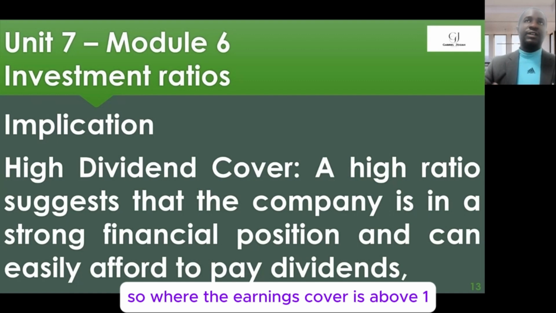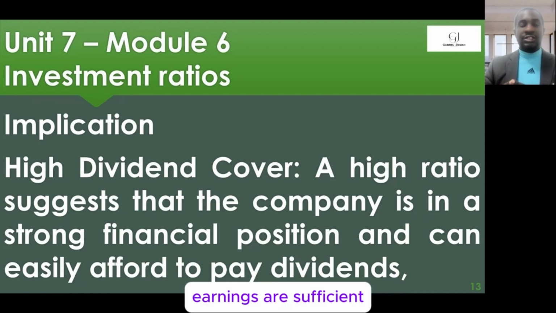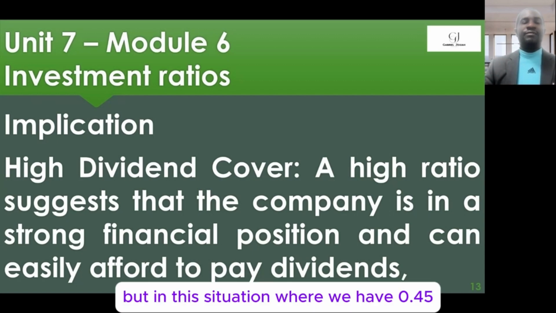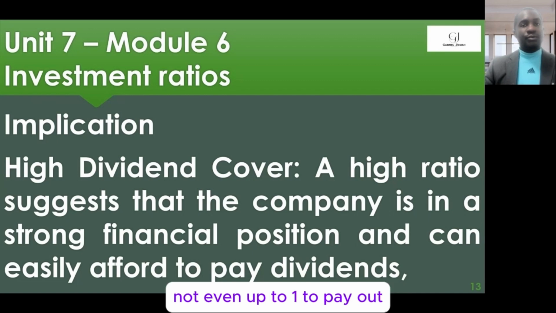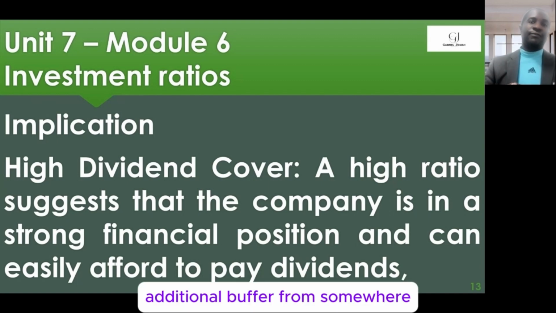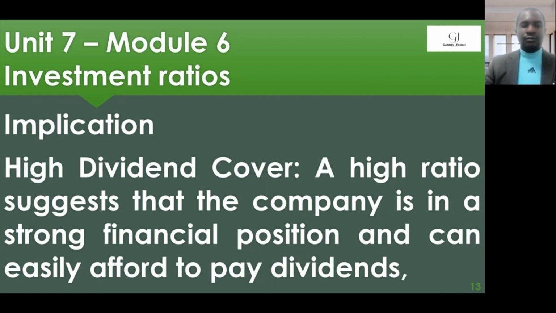Where the earnings cover is above 1, 2, 3 times, earnings are sufficient and significant enough to pay your dividend. Or in this situation where we have 0.45, not even up to 1, to pay out that amount of dividend shows an additional buffer from somewhere is provided to sort out the dividend payment.